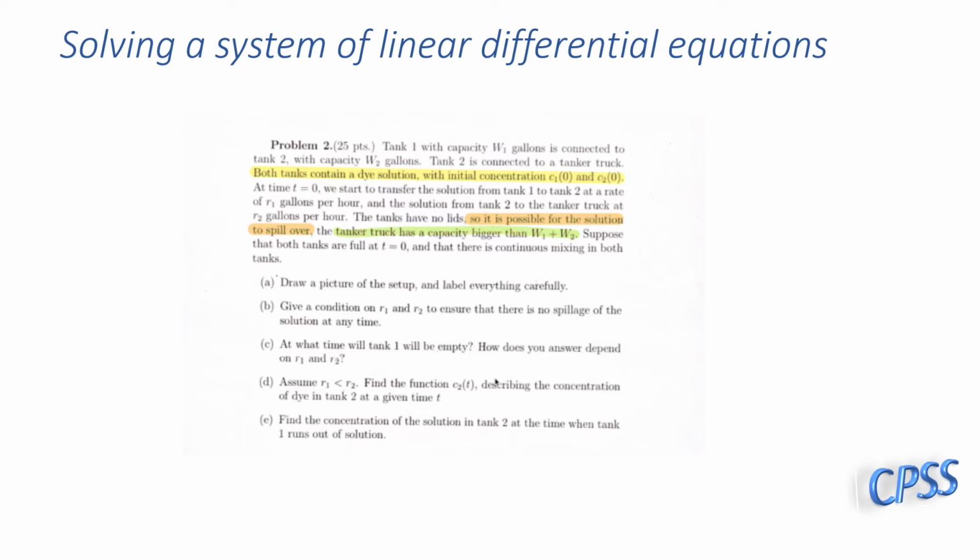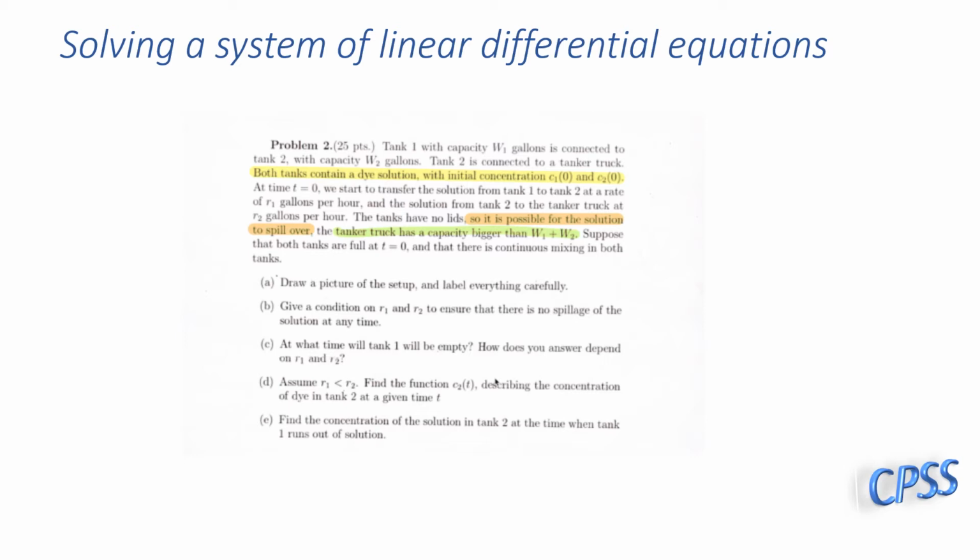And part C is, at what time will tank 1 be empty? How does your answer depend on R1 and R2? Assume R1 is less than R2. Find the function C2 describing the concentration in tank 2 at a given time. Find the concentration of the solution in tank 2 at the time when the tank runs out of the solution.